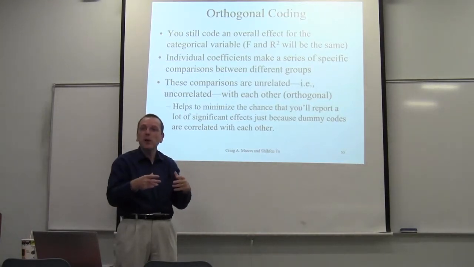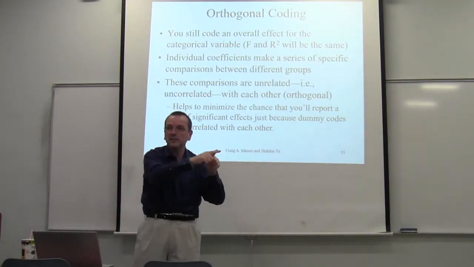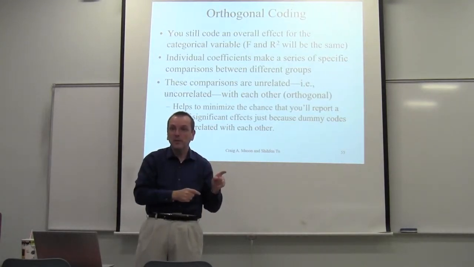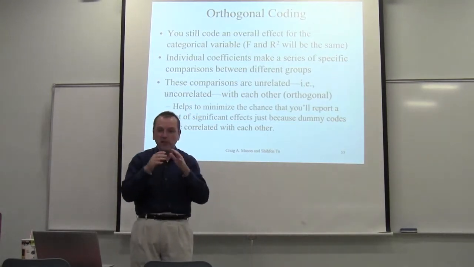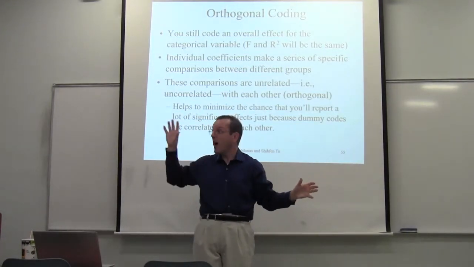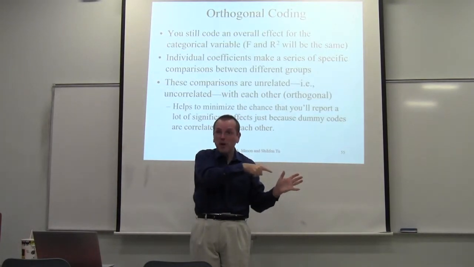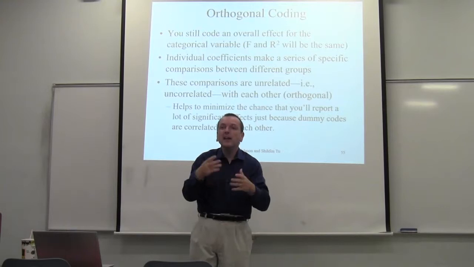The comparisons, the questions, are related to each other because they're all coming back to the same referent group. So if my group is significantly higher than the referent group, and your group has a higher mean than my group, your group's probably going to be significantly different from the referent group as well. They're not independent.